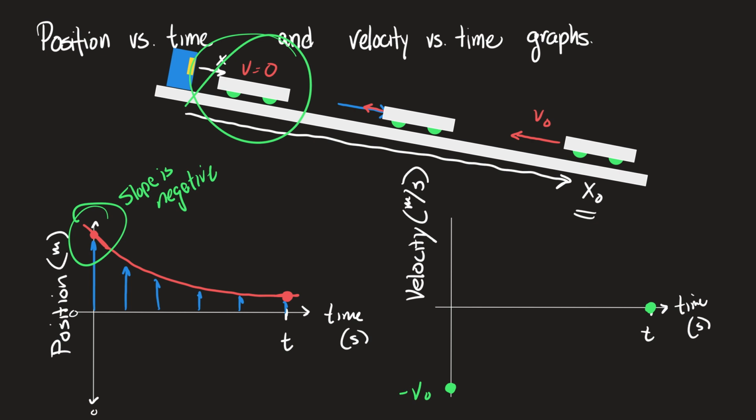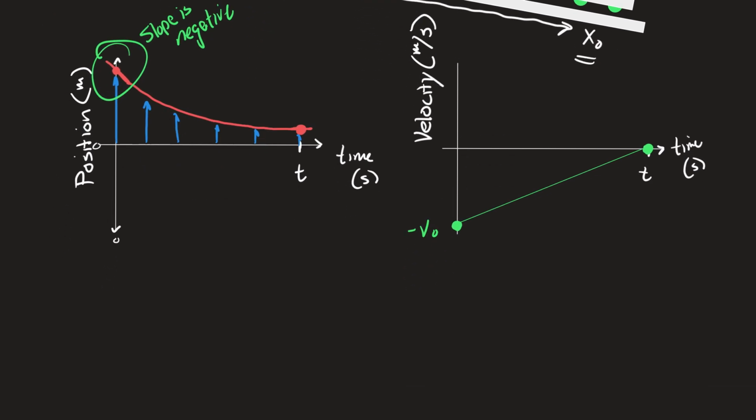And although this doesn't have to be true for everything we're doing, for the next couple of days the velocity graphs will always be linear. There we go. Linear. All right, so I've created a velocity graph. And a couple of reminders. The slope of our position graph is velocity.